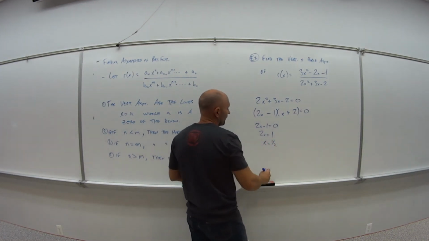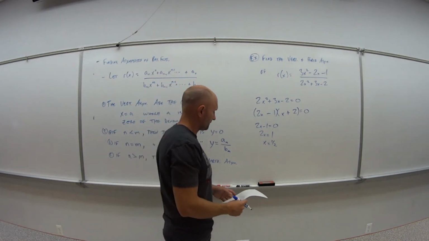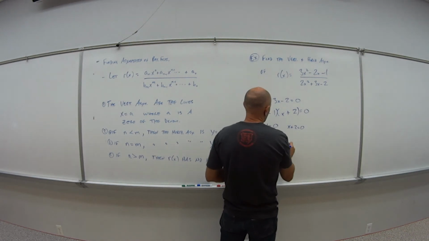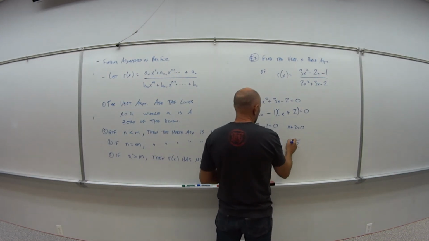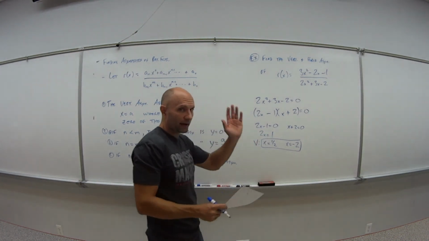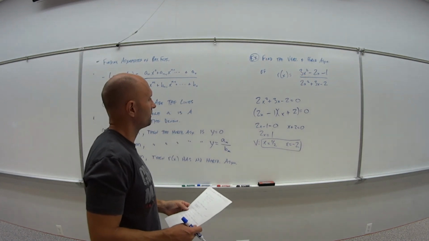So x equals 1/2 is one of my vertical asymptotes. I also have x plus 2 is 0, which means x equals -2 is my other vertical asymptote. So I actually have 2 vertical asymptotes in this case.